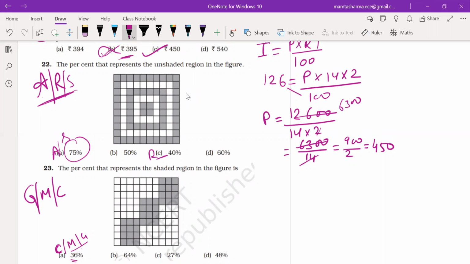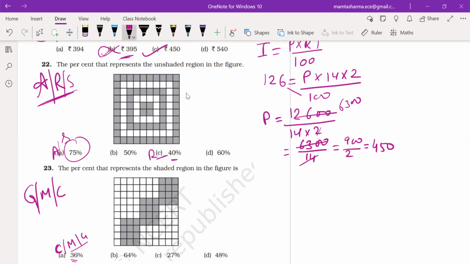Tell me, how did you get the 40%? Total we have to add, ma'am. So we can take one block as one. Count the number of blocks. Ma'am, there's a total of 100, so we can take one block as 1.